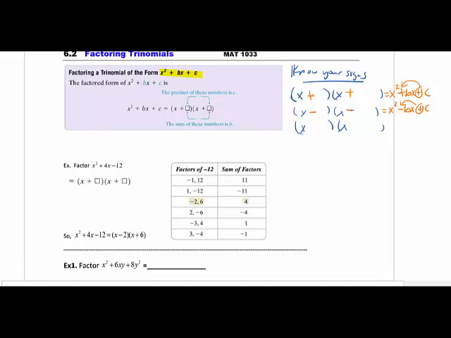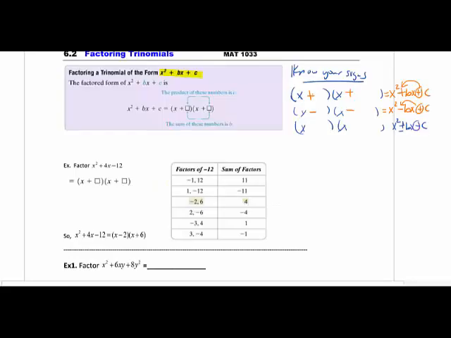And my last case scenario is if the last term is negative. Notice I put a plus or minus in the center, because if the last sign is negative, the only way I can get two numbers to multiply to give me a negative is by putting a positive and a negative. So you will have to be careful on where you put your numbers, but they will always be that.